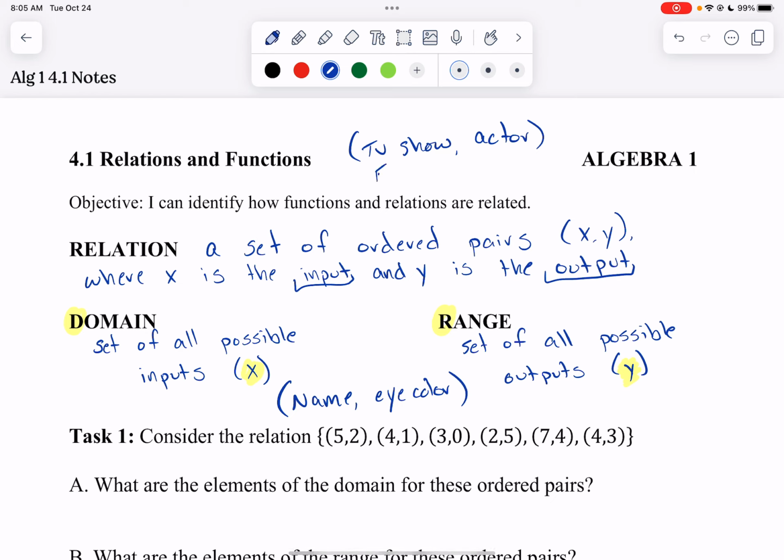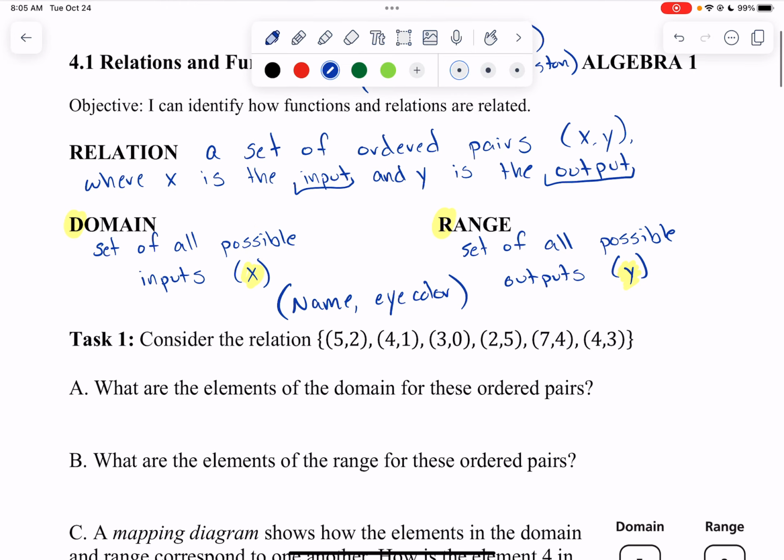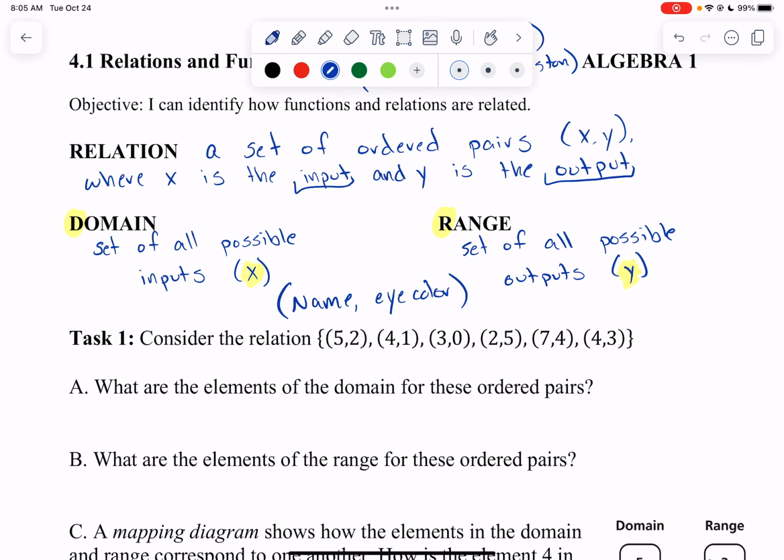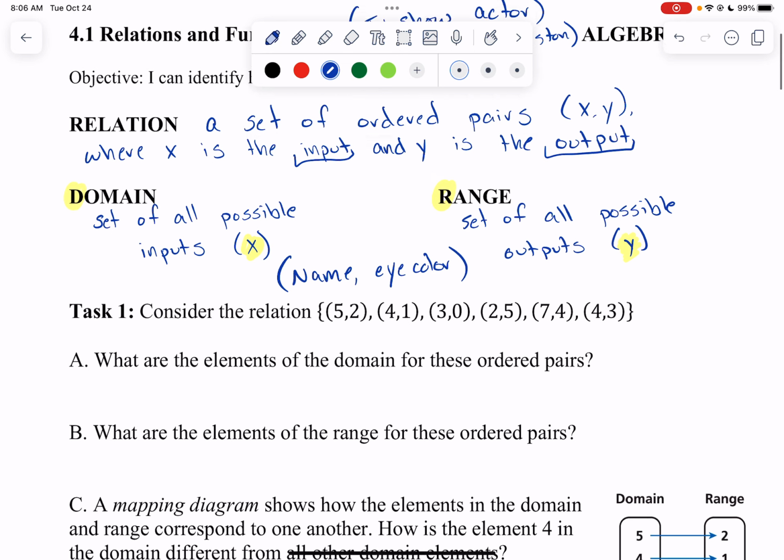My favorite show is Friends, so I could input the show Friends and it would output Jennifer Aniston, or Matthew Perry, and so forth. It's just relating two things together: the show and the actor, the person and their eye color, the person and their age.